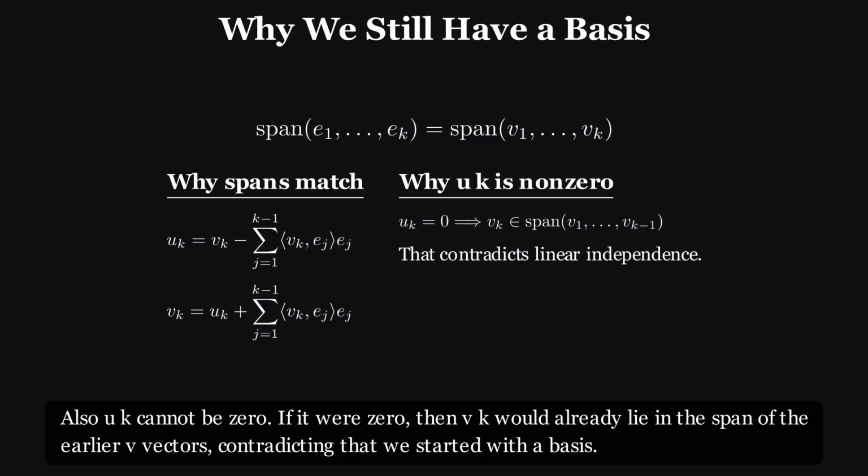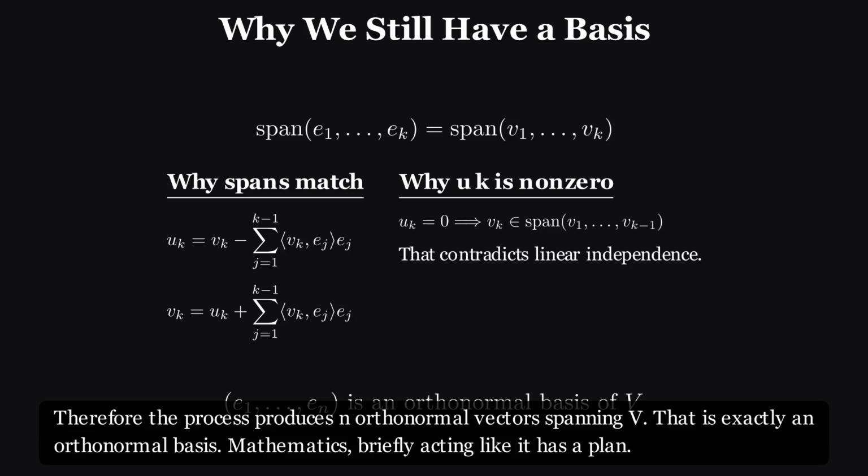Also Uk cannot be 0. If it were 0, then Vk would already lie in the span of the earlier V vectors, contradicting that we started with a basis. Therefore the process produces n orthonormal vectors spanning V. That is exactly an orthonormal basis. Mathematics. Briefly acting like it has a plan.